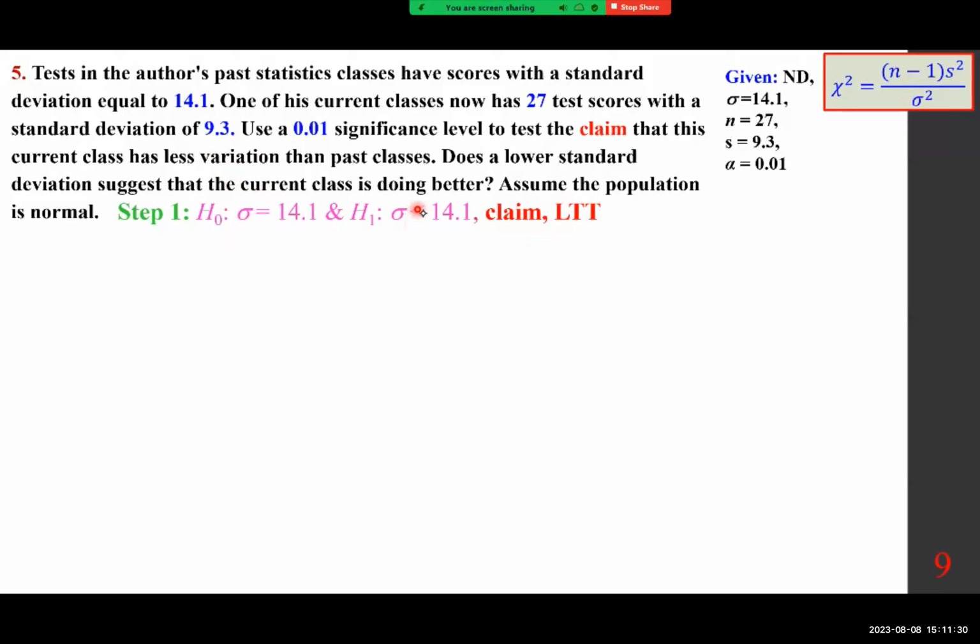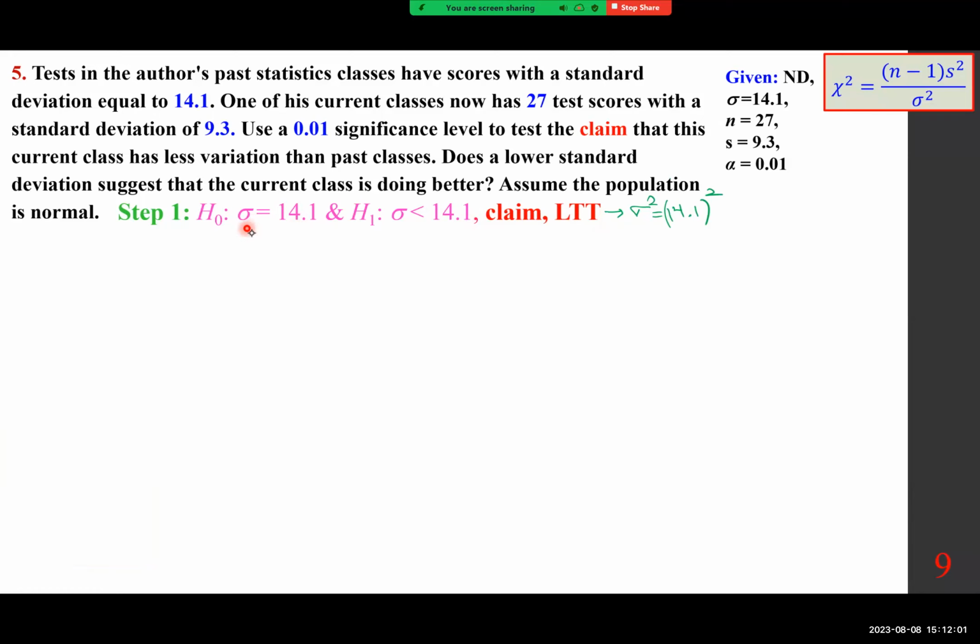So they may use sigma squared, which is 14.1 to the power of 2. You want to be very careful when you do your homework or your exam question. So 14.1 squared if they use sigma squared.